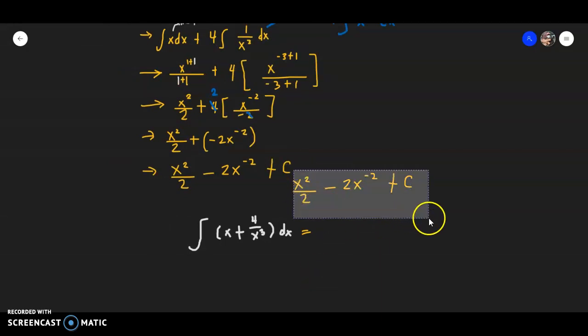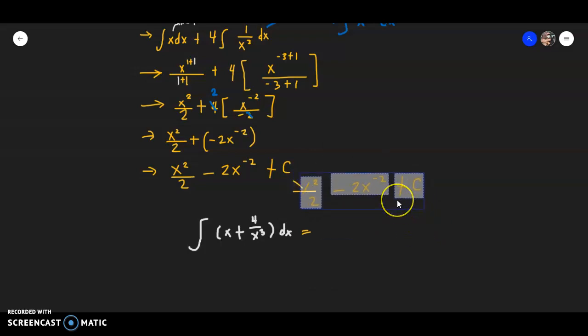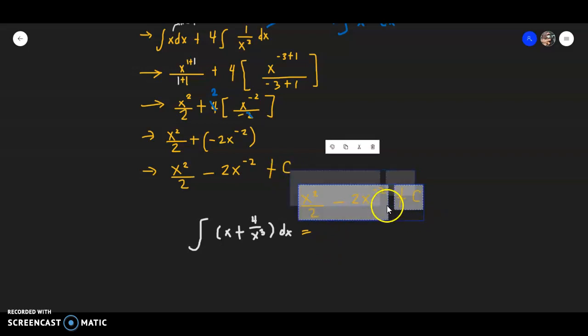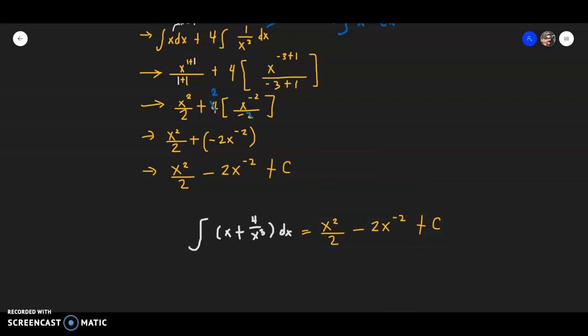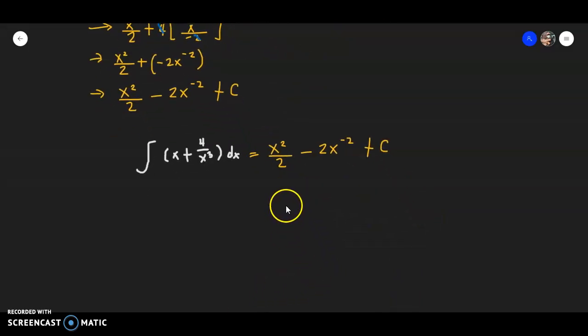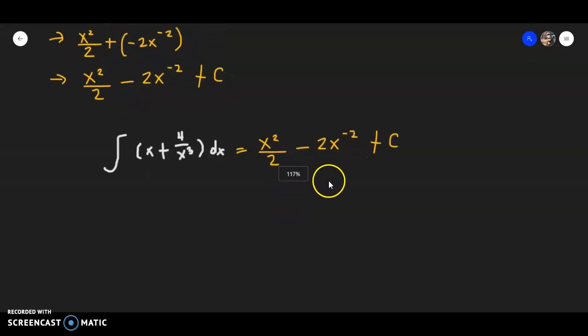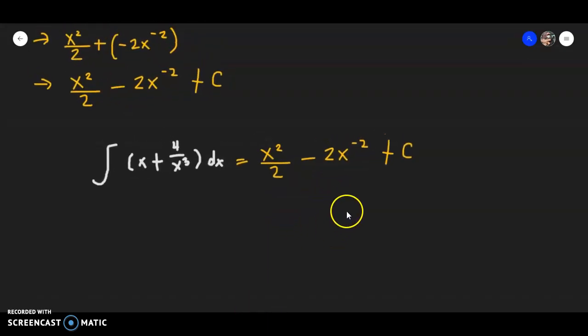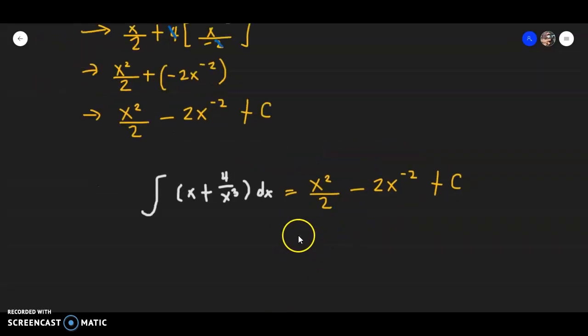So, this will be the final answer. Huwag natin kakalimutan yung c. C is the constant value. So, this would be the answer: the antiderivative of x plus 4 all over x cubed dx equals x squared all over 2 minus 2x raised to negative 2 plus c.